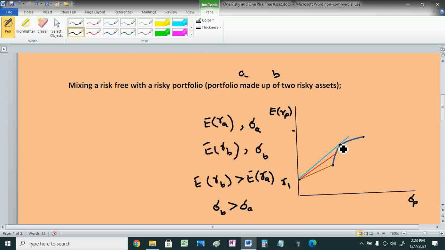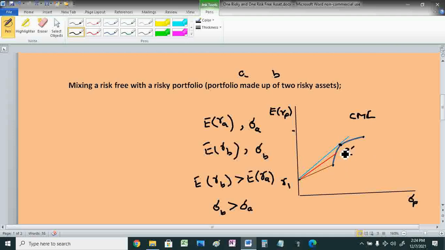This point, or say this particular portfolio, let's call it E dash, is known as the market portfolio, and in this event, this efficient frontier that we so obtain is known as the capital market line.